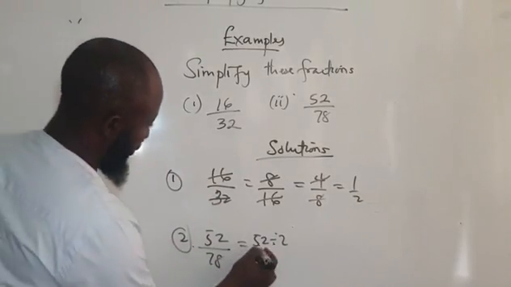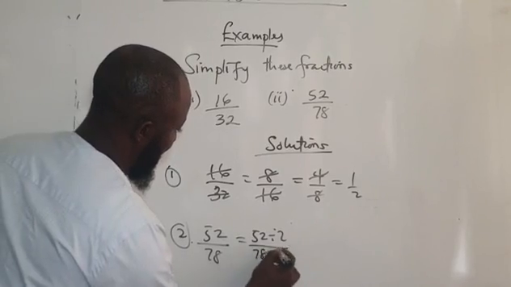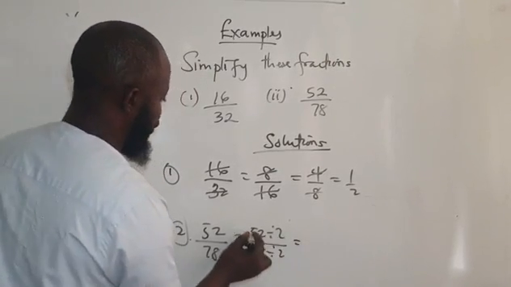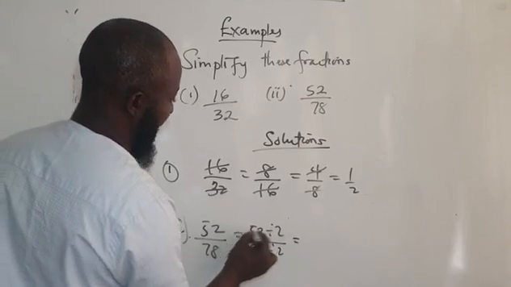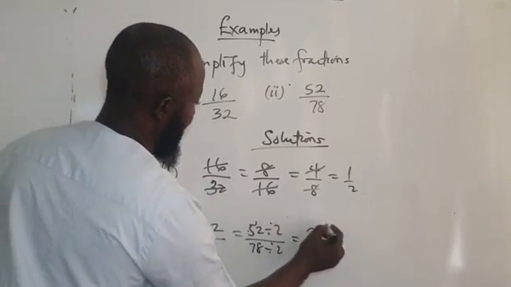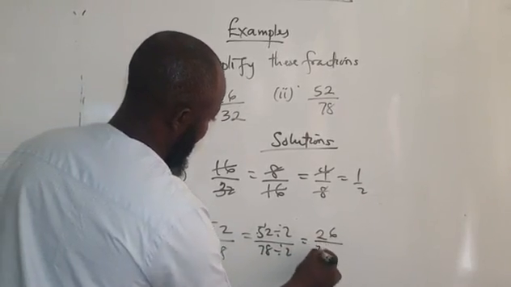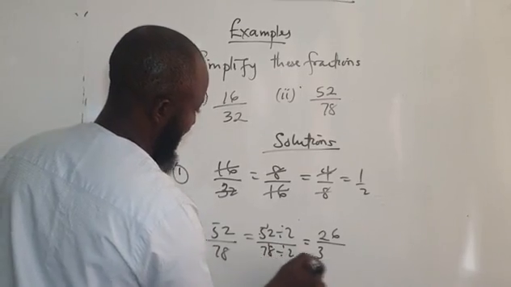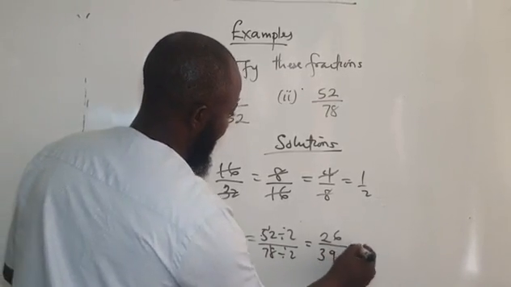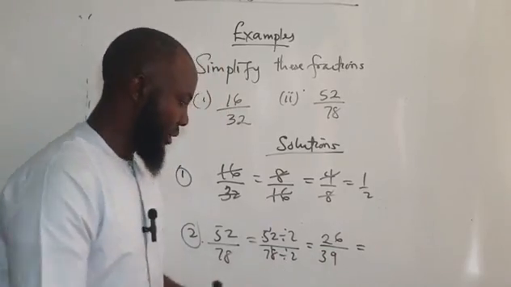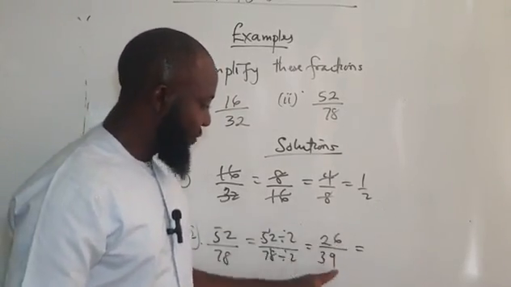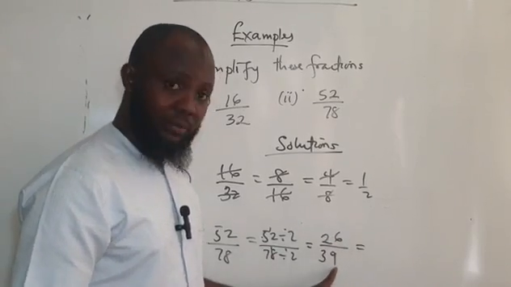So 52 divided by 2, then 78 divided by 2. 2 in 5 is 2, remaining 1, that is 6. 2 in 7 is 3, remaining 1, in 18 that is 9. Now look at this: 2 cannot divide both of them, because 2 can divide this one, but 2 cannot divide this one.